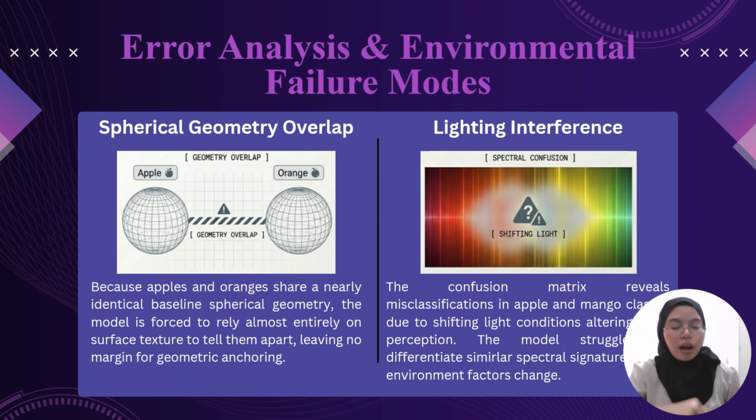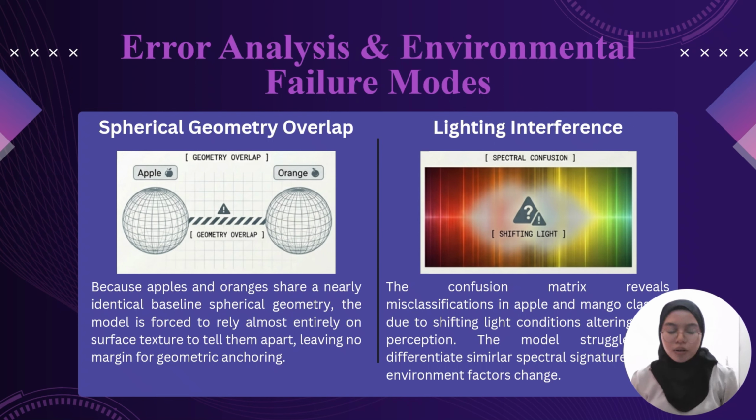Okay, to wrap up the discussion, let's look at our error analysis that reveals two primary environmental failure modes. First, we have the spherical geometry overlap because an apple and orange share an almost identical baseline spherical shape. Okay, the model cannot rely on geometry anchoring to tell them apart.